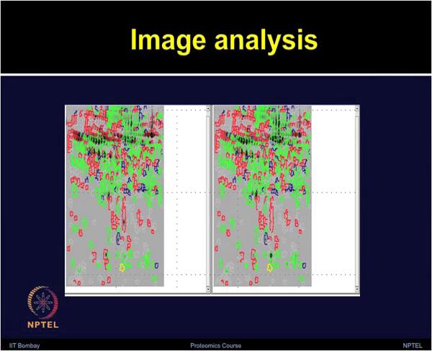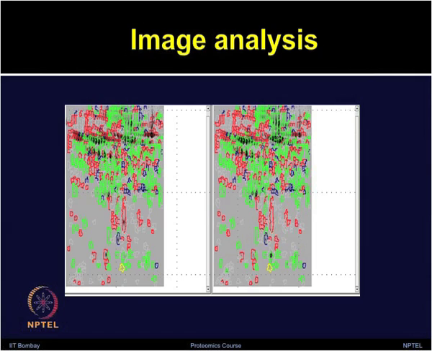When the authors analyzed these DIGE images, they found that 63 protein spots were differentially expressed between the Gleason score 5 and 7 cohorts, and 13 of these proteins were statistically significant among these two populations.